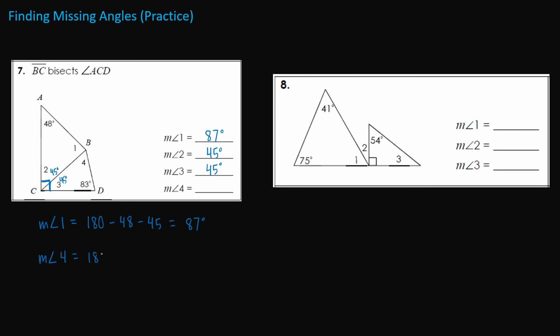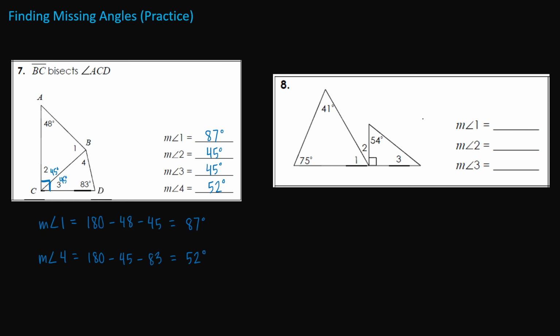So again, 180 minus 45 minus 83, and that will give us the measure of angle 4. 180 minus 45 minus 83 is 52 degrees. There you go. We successfully found all of the missing angles in that diagram.